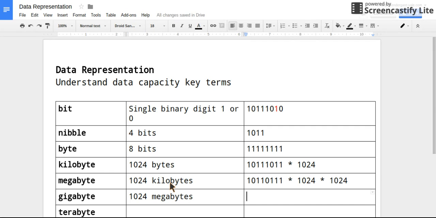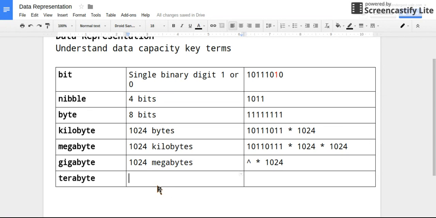So if I think about the above, I'm just going to use this arrow, and if I times that again by 1024, I would have a gigabyte. Can you guess what's next? So a terabyte is technically 1024 gigabytes. So if I take 1 gigabyte, and if I have 1,024 of these, it would make a terabyte.